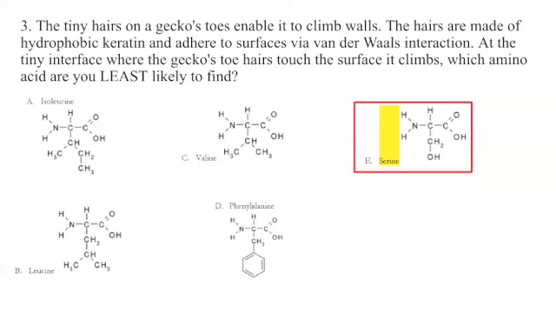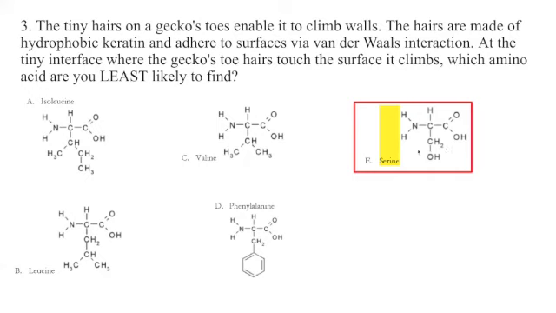So since we're told that the gecko's toe hairs are made of hydrophobic keratin, that means that there are plenty of hydrophobic amino acids. If you look at A, B, C, and D, you can see that all of them have hydrophobic side chains. In contrast, E, serine, its side chain is polar due to that OH group that we see.